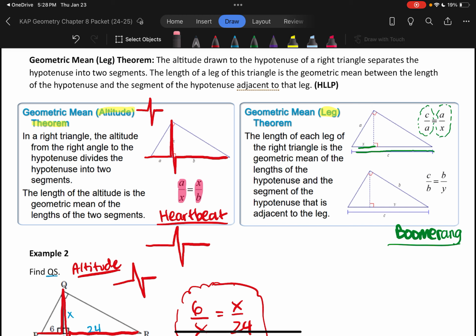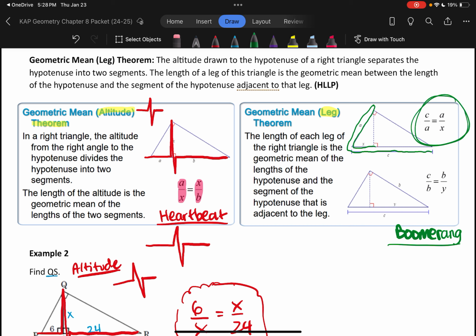So let's see that again in action, and I'll walk you through it one more time. So our boomerang here, again, if you're looking for our leg A, you're going to travel towards that direction. So we're going to start at the hypotenuse. This is C over A is equal to A over X, right? And that is building this equation right here.